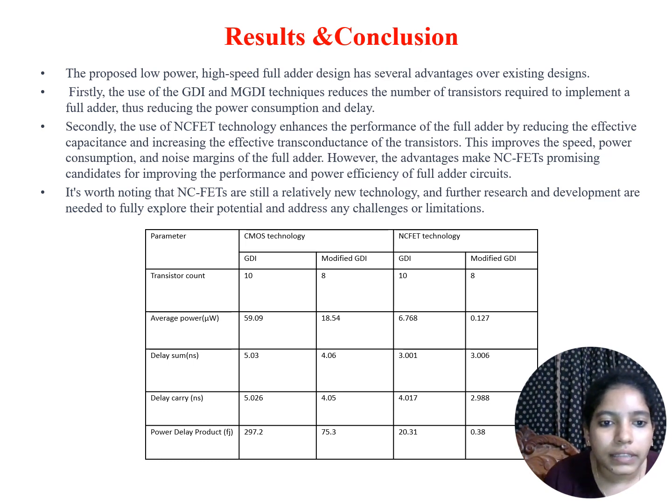These are some of the delays calculated for these corresponding full adders, and the power delay product. For the GDI technique in CMOS technology, it is 297.2, and for the modified GDI 75.3, and so on.